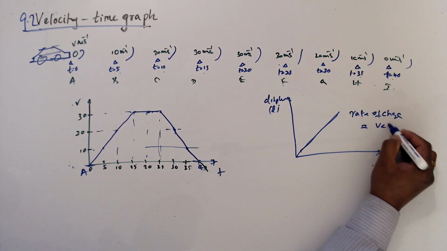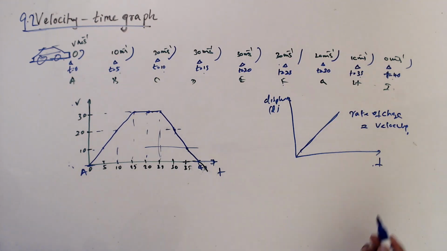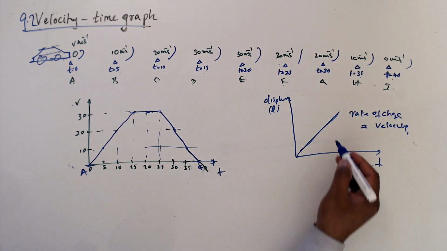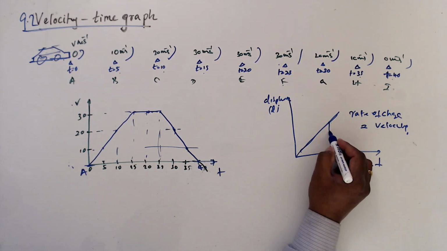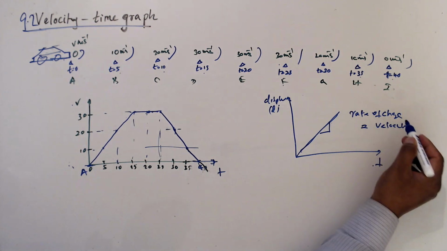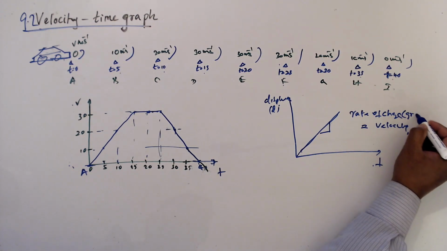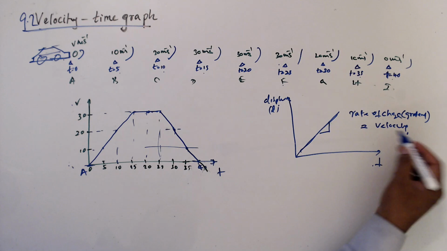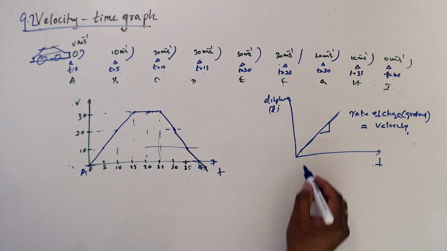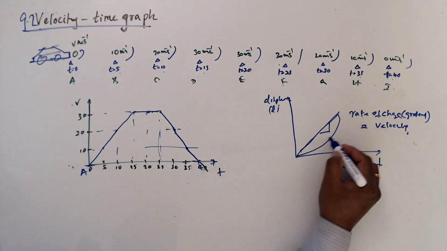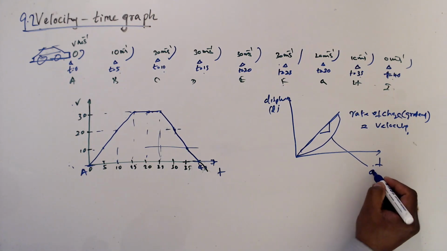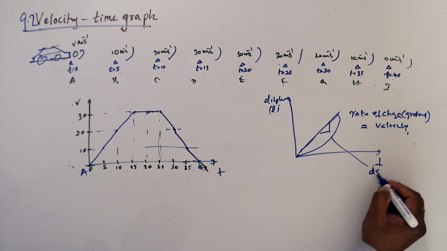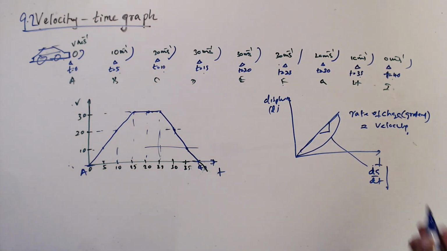It is velocity. In other words, the gradient implies velocity. I discussed last time that it is ds over dt.